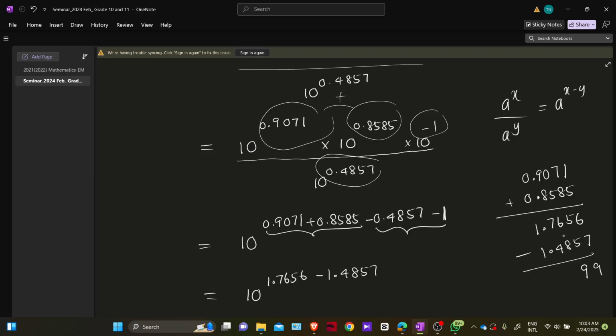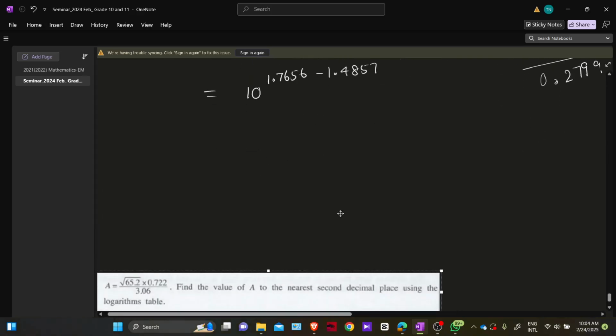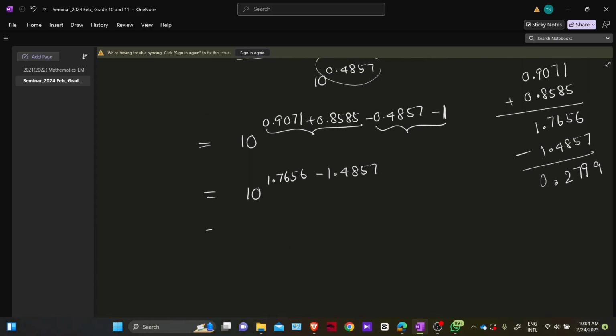Here 5. 7 is there. 6. 6 minus 4 is 2. This is 0. Right? The answer will be 0.2799.